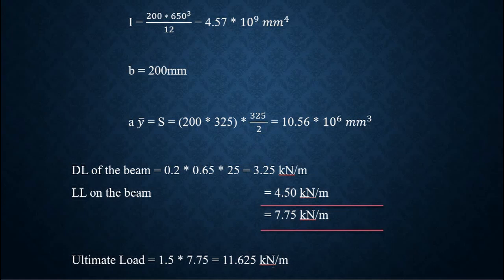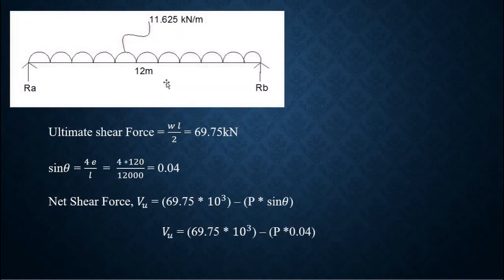In further calculation, we should be considering this ultimate load value, not this. Whatever ultimate load we have got, I have just shown by a sketch: a simply supported beam carrying a UDL. This consists of live load, dead load, and also a factor of safety. So we will get 11.625 kilonewton per meter, which is acting throughout the length.